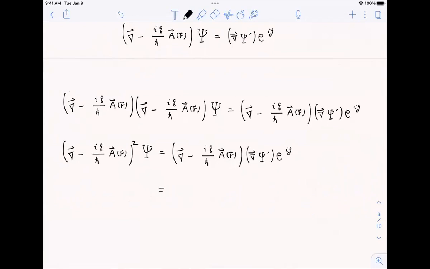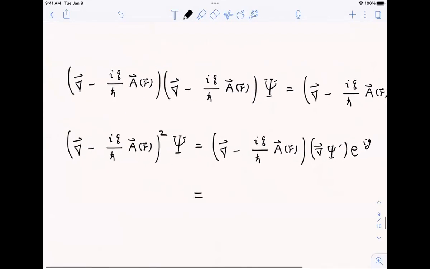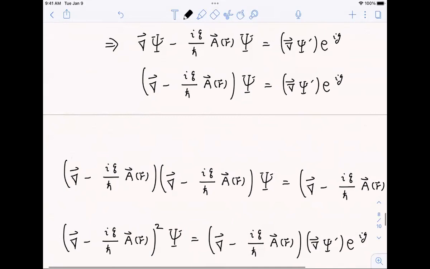Then there's some math we have to go through. Okay. Oh, wait, did I miss something?